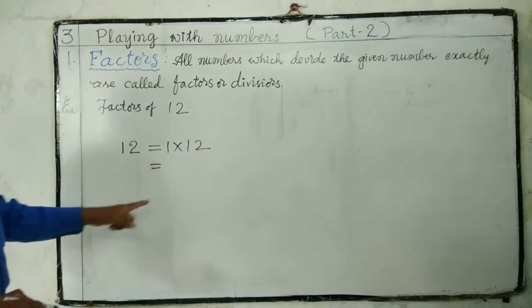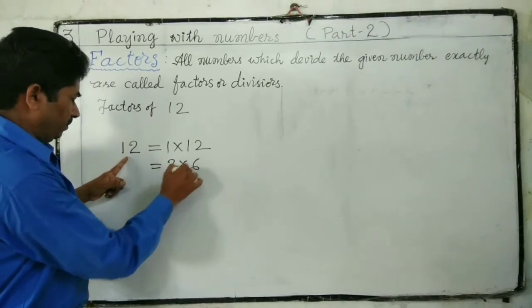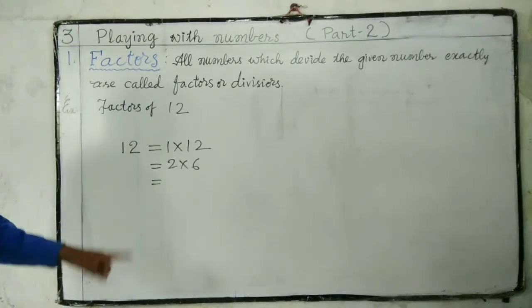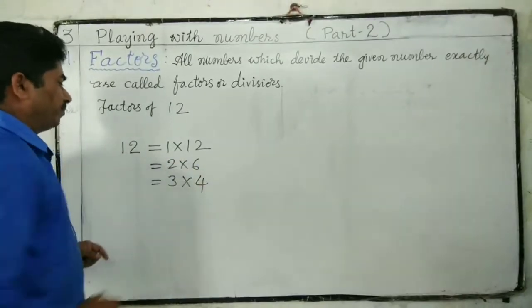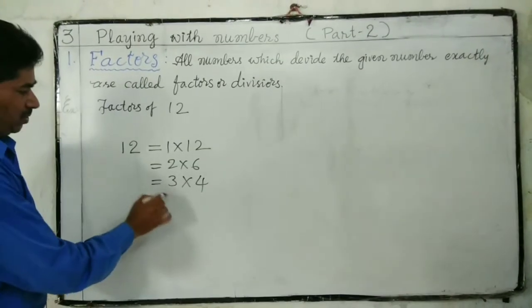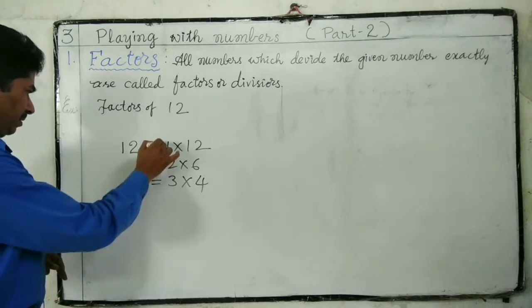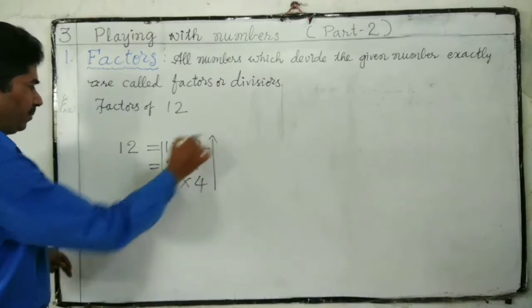After 1, 2 also divides this 12. 2 6s are 12. Next, after 2, 3 also divides. 3 4s are 12. So, no more to write here. So, that's why I stop it and write up to down, down to up.